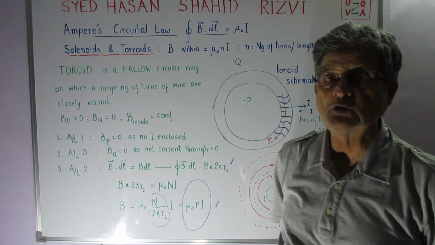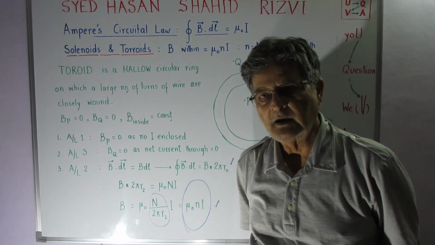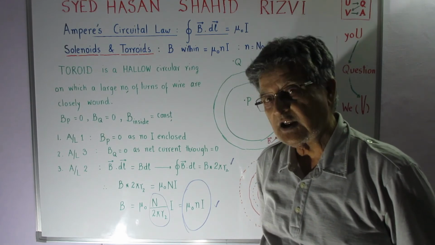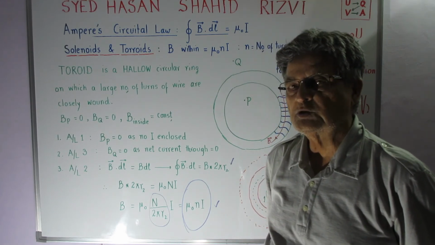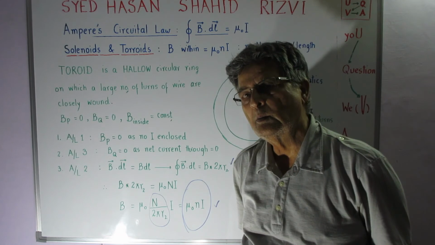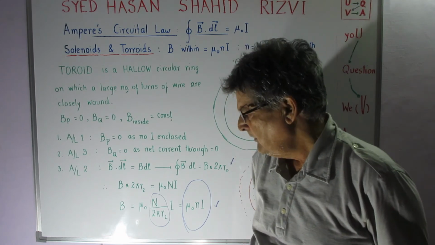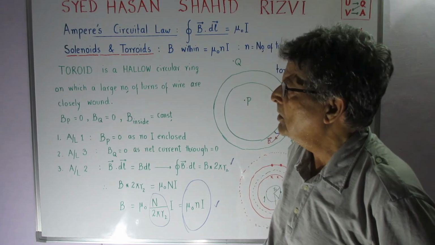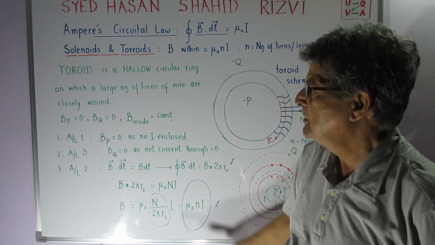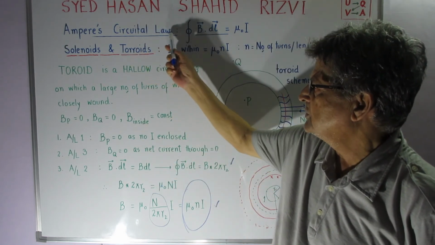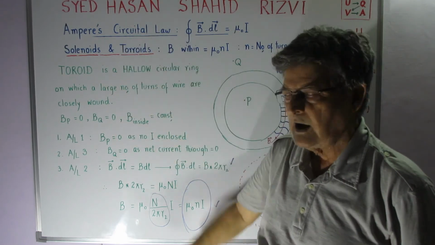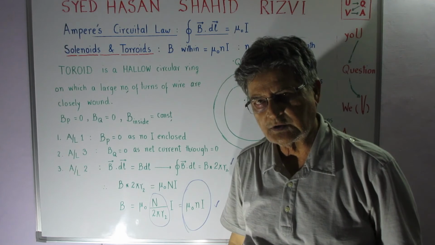If you don't want to lose those charged particles, then a magnetic field is used, which does not allow them to pass through, in what is known as the magnetic bottle. We'll have occasion to talk about that later on, but for now we have used the Ampere circuital law as an application to the case of solenoids and to the case of toroids.